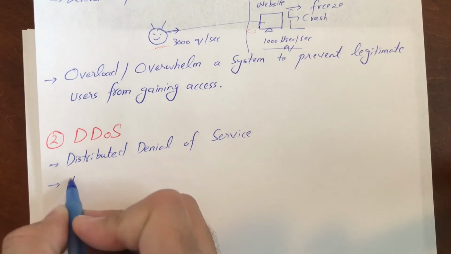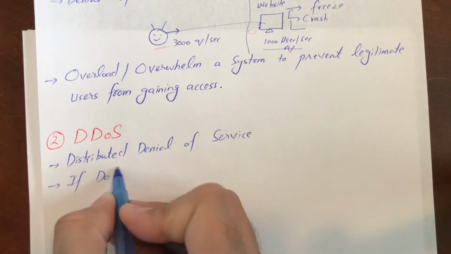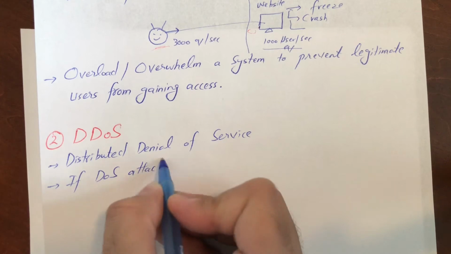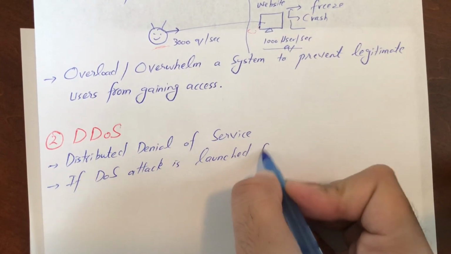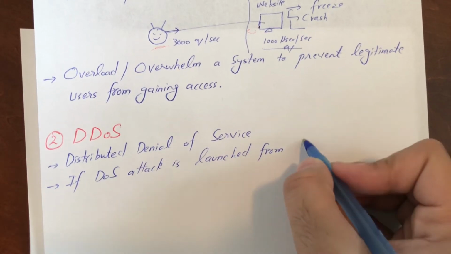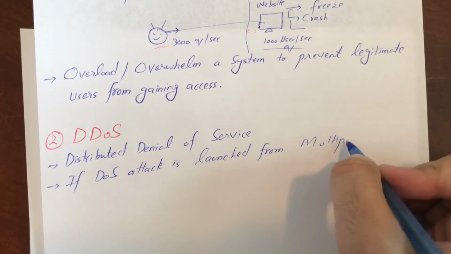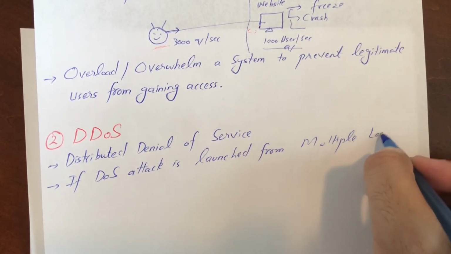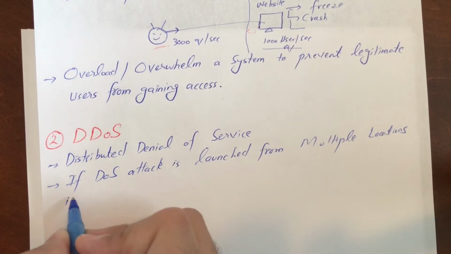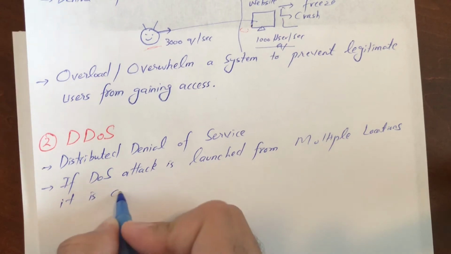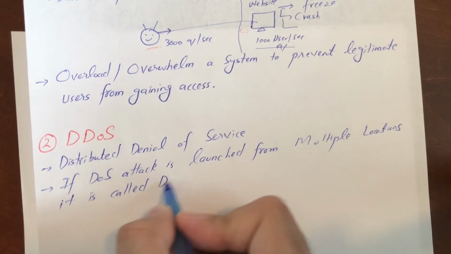So if a DOS attack is launched from multiple points or multiple locations, it is called a DDoS attack.